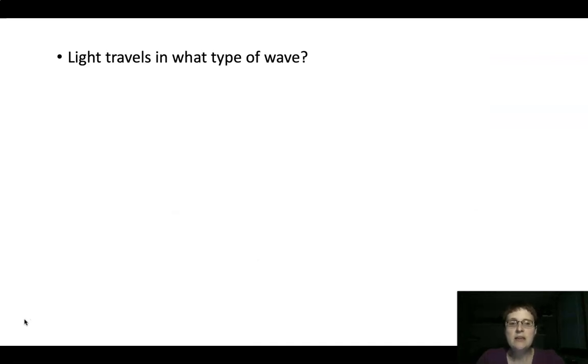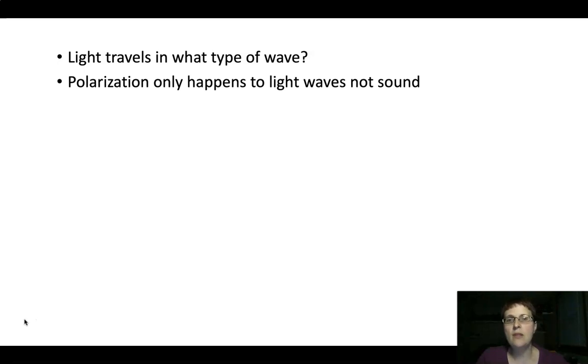So first, the thing we have to think about is what kind of wave does light travel in? If we remember, light travels in a transverse wave, right? It does the wave kind of like the wave on the water, the up and down type of motion. And that's important to understand how polarization works, because polarization only happens to light waves, not sound waves.